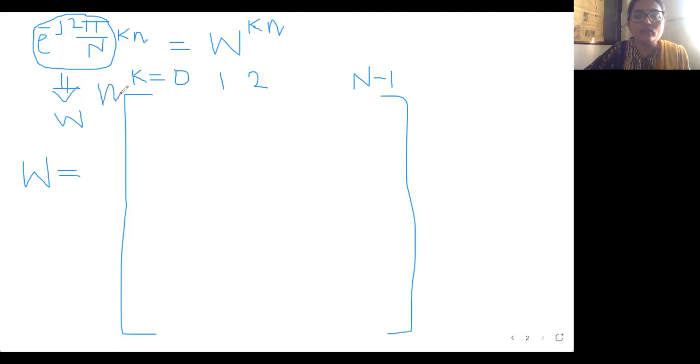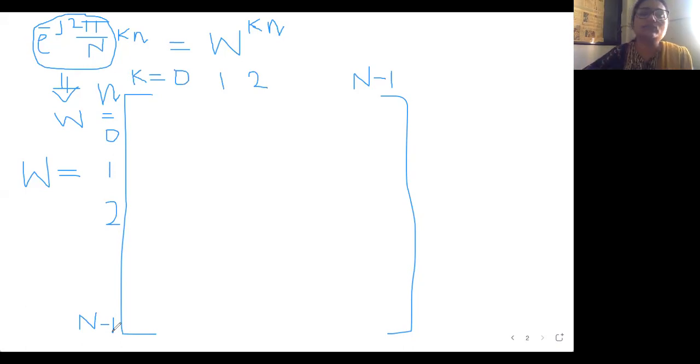N indicates the range of the signal in the time domain, and K indicates the range of the signal in the frequency domain. Both variables vary from 0 to n minus 1. So n varies from 0, 1, 2, and so on, extended up to n minus 1.